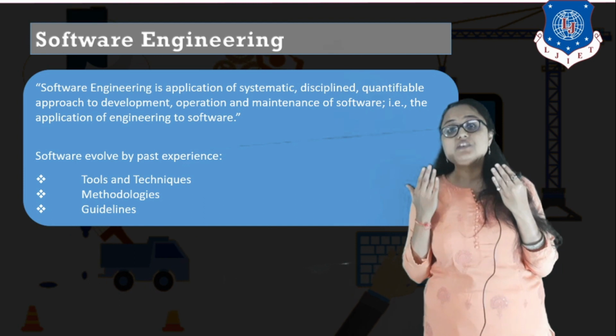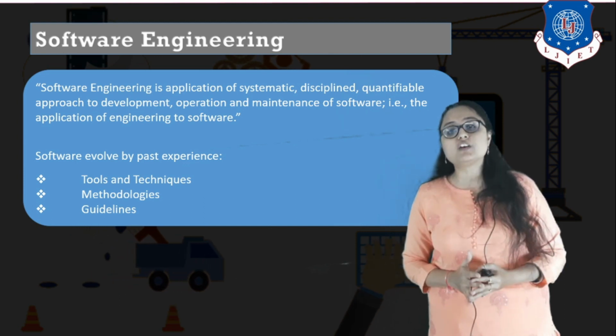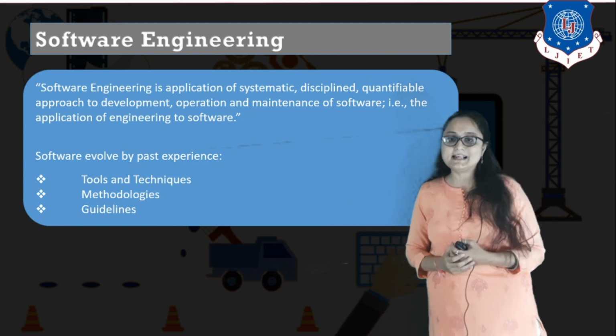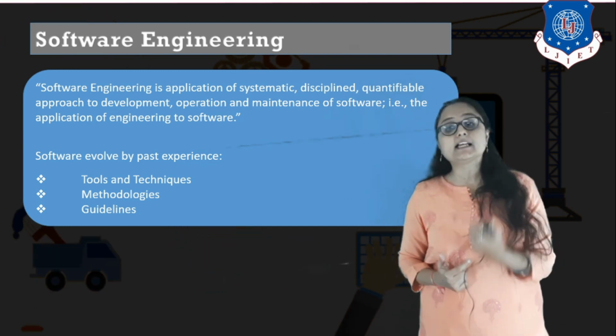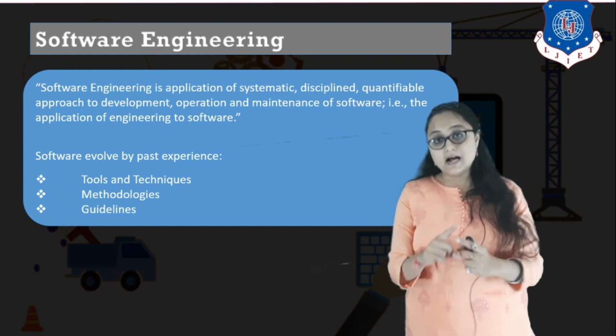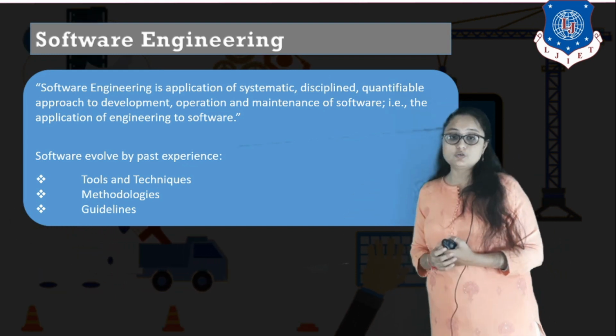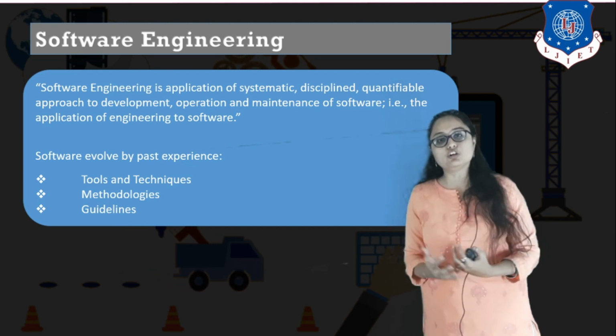And what are the factors that affect your software or software engineering? They are these three. The first is tools and techniques. It means what techniques you are going to use while applying software engineering, or what technologies you are going to use. The next is methodologies.